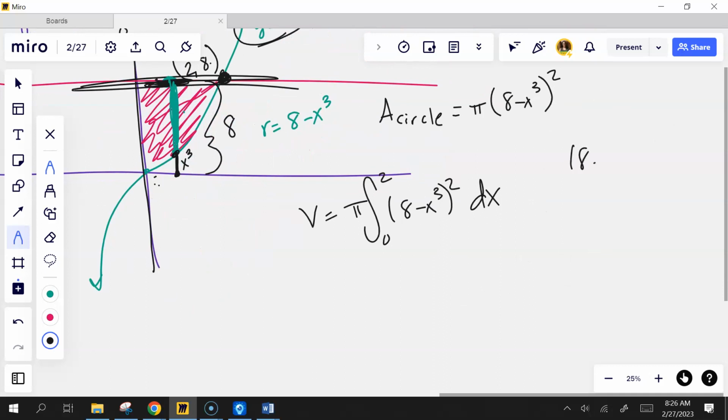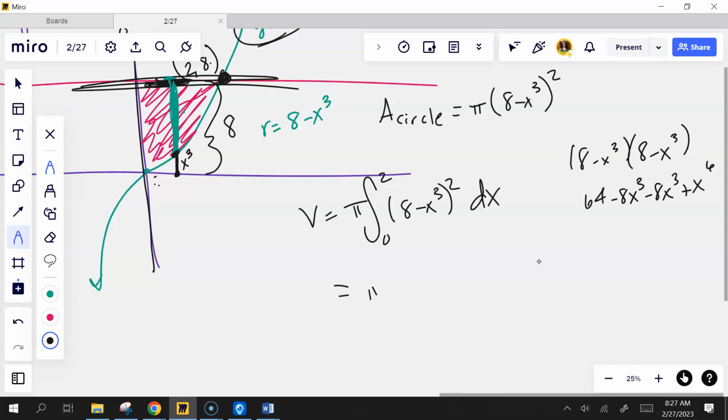So I would need to do this. 64 minus 8x cubed minus 8x cubed plus x to the what? 6, not 9. I add because I'm multiplying, right?